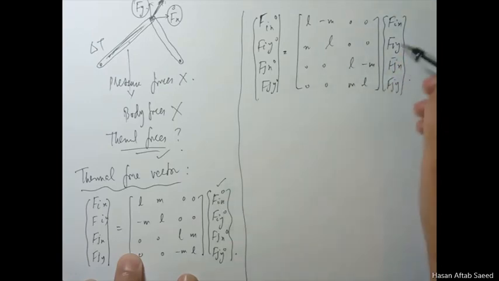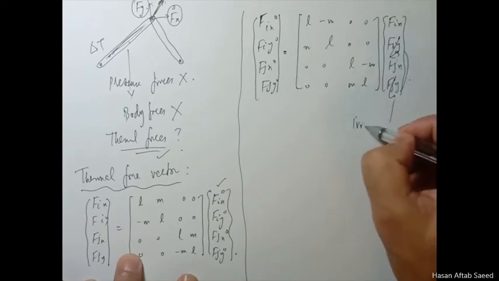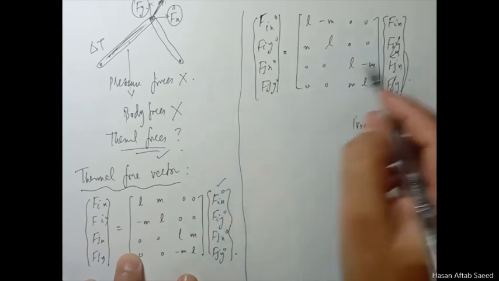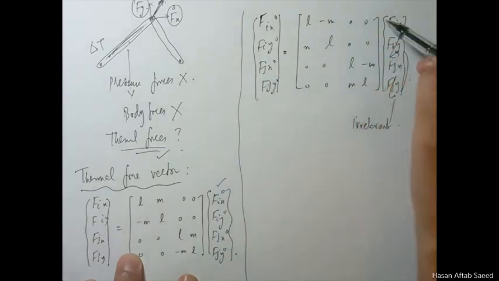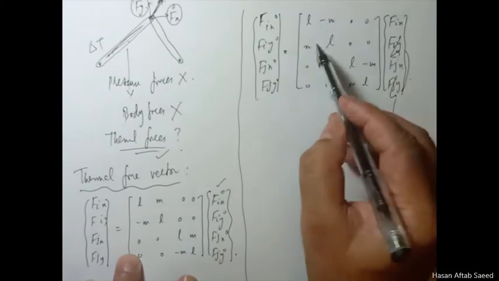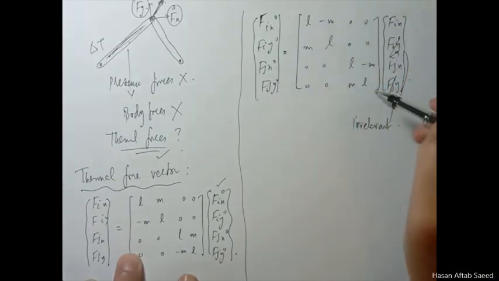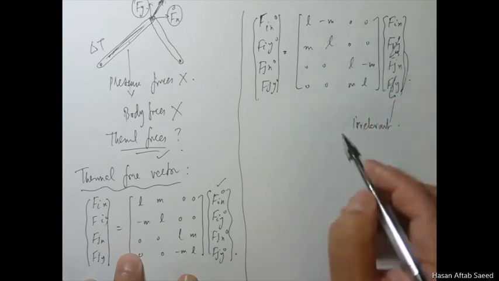Now in this case these are irrelevant, and again there we had got rid of two rows, here we'll get rid of the second and the fourth column, because those are the things that are being multiplied here.